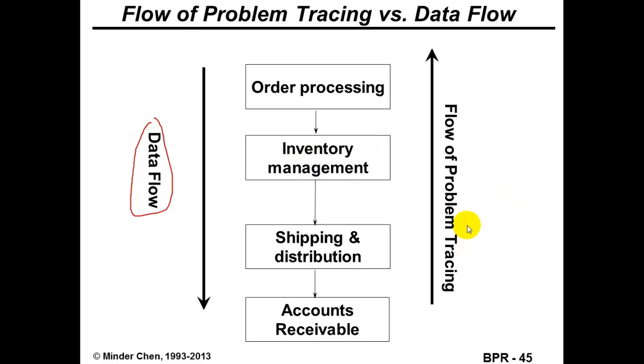However, when a problem occurs, for instance, a customer calls and says, hey, there's some error in my invoice, then we sometimes need to trace it all the way back to the order processing activity to find out whether we entered the order incorrectly or we charged the customer the wrong price. So this tends to be the logical workflow and data flow, and a lot of times we need to trace back to the original activity in order to resolve a problem with the customer.